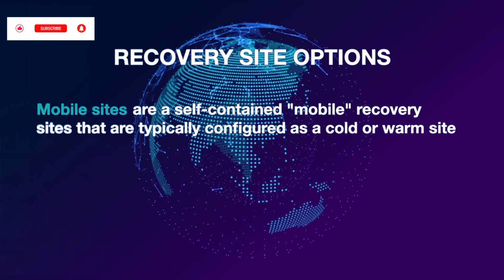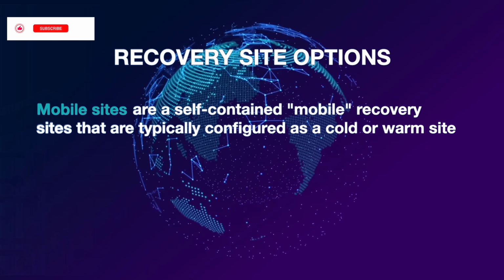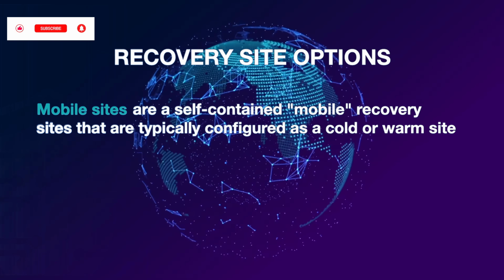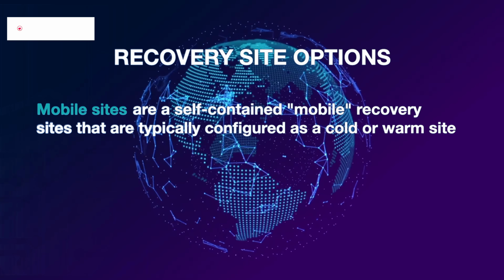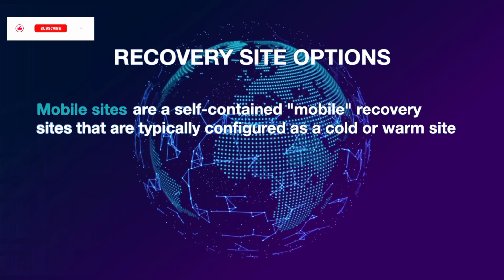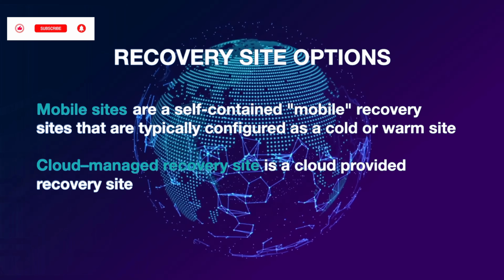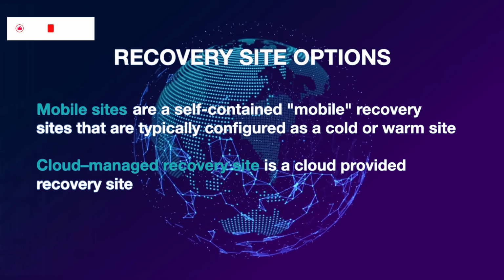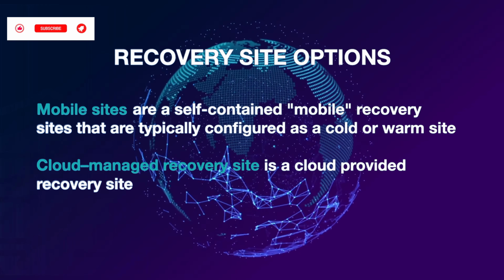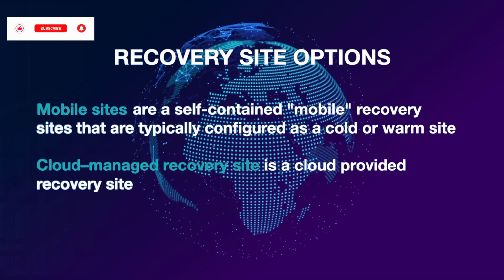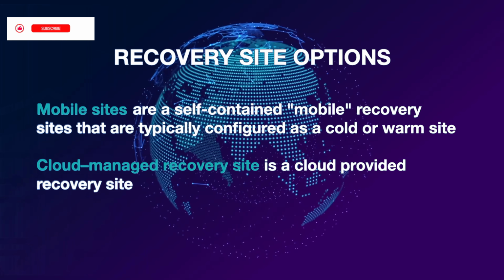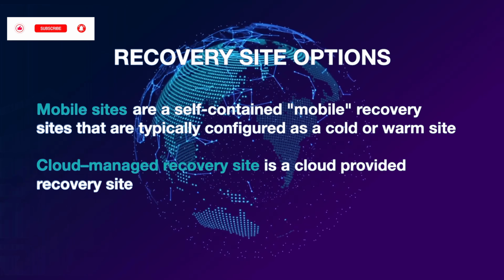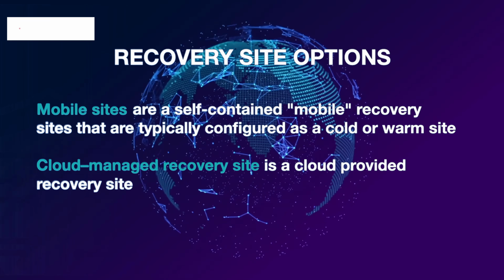You can basically put them on a truck, tow them, and take them anywhere you want to go. The other option would be a cloud managed recovery site. This is basically just a recovery site in Amazon Web Services or Azure or Google Cloud Platform or whatever it is. In the cloud, you do your recovery site there.